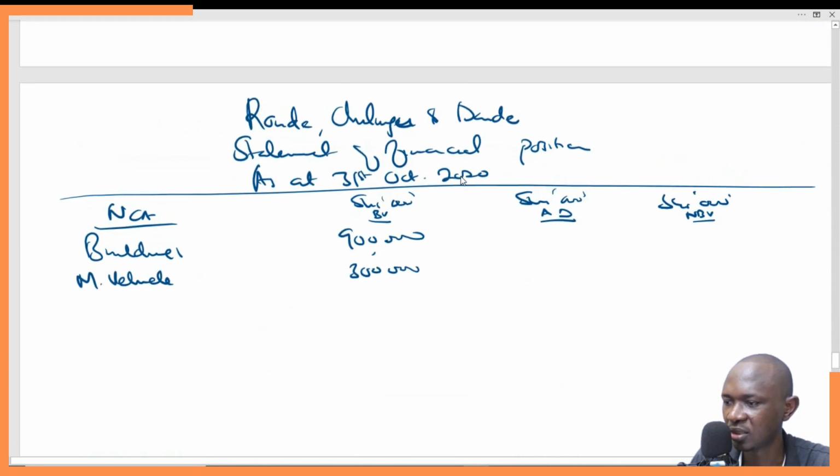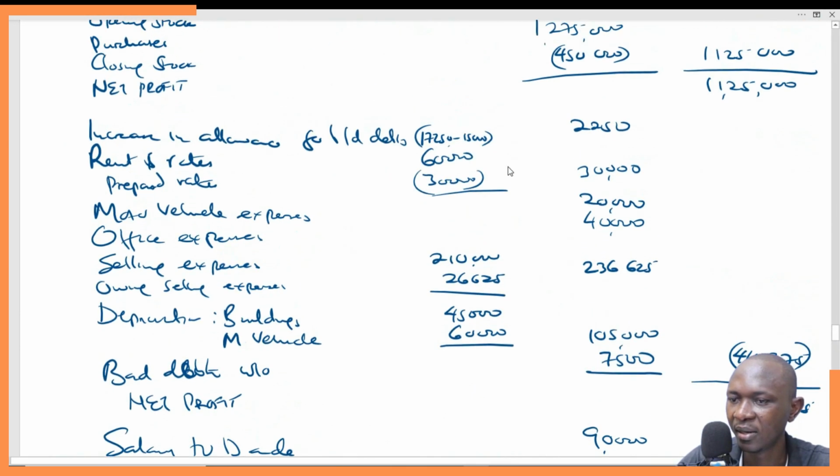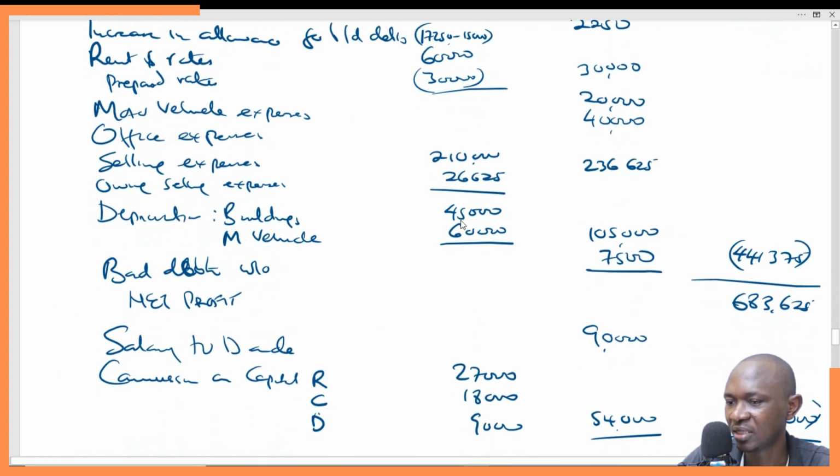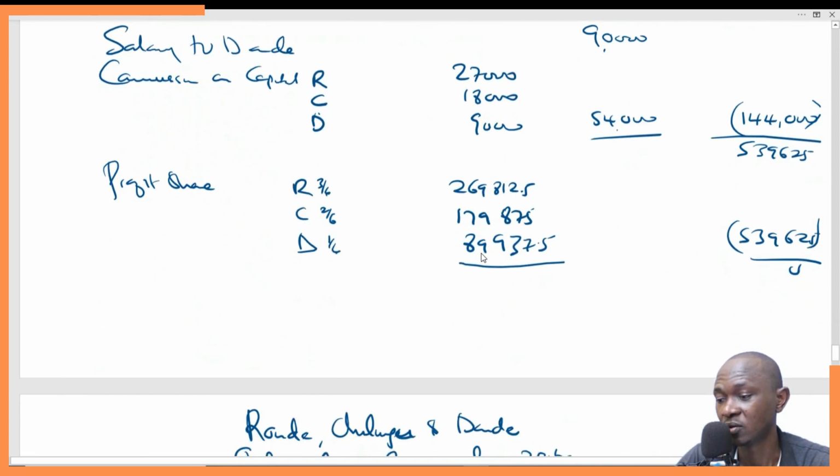For motor vehicle it was 120,000, plus depreciation for this year 60,000. That makes it 180,000.